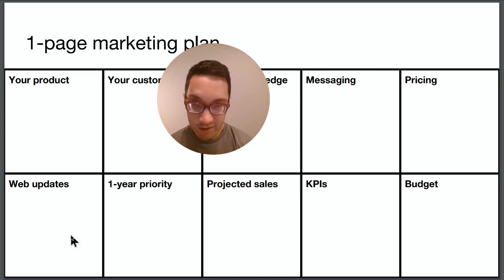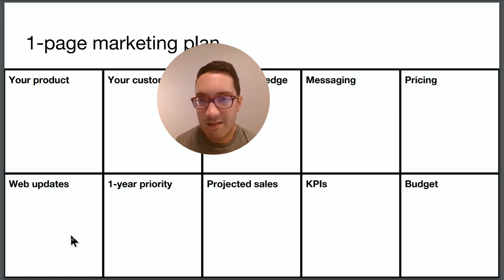Projected sales. After all the campaigns you're about to create, what are your projected sales? Actually, that's a good point. In the 1 year priority, you'll want to talk about campaigns. That's important. So campaigns, trade shows, anything that you're going to be doing, types of advertising. But based on all of that, what kind of projected sales do you foresee, and why?